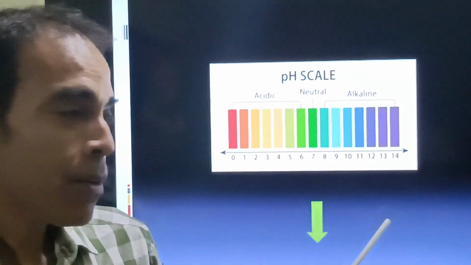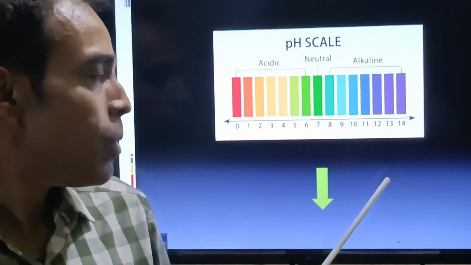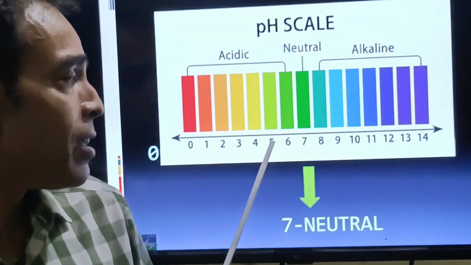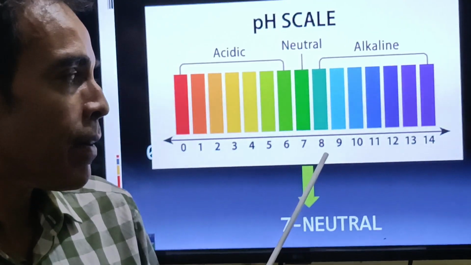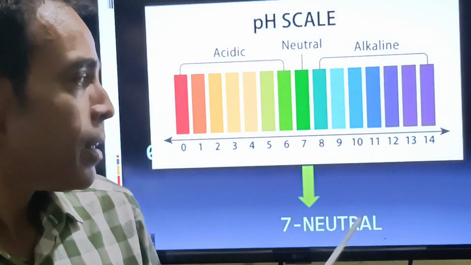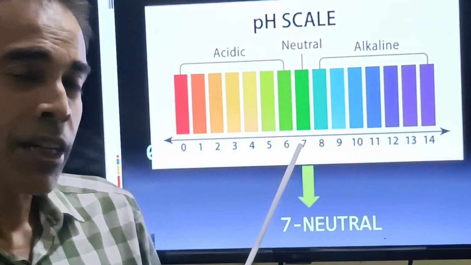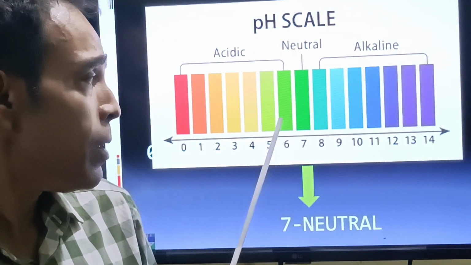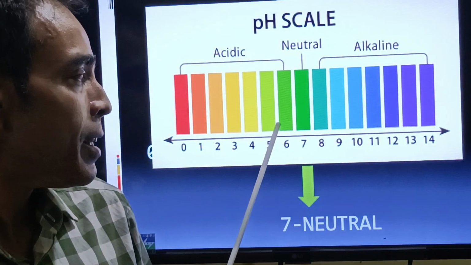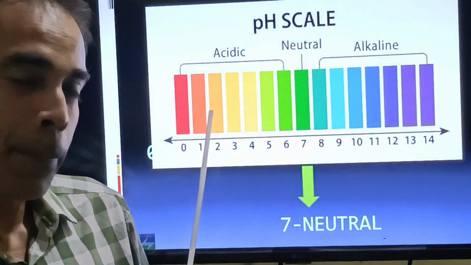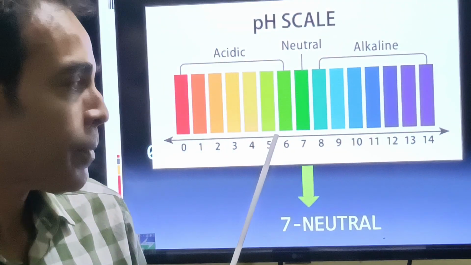Now as you see from this pH scale, there are numbers from 0 to 7 and from 8 to 14. From 6 going to 0, the color changes from green to red. This is called the acidic side of the pH scale.